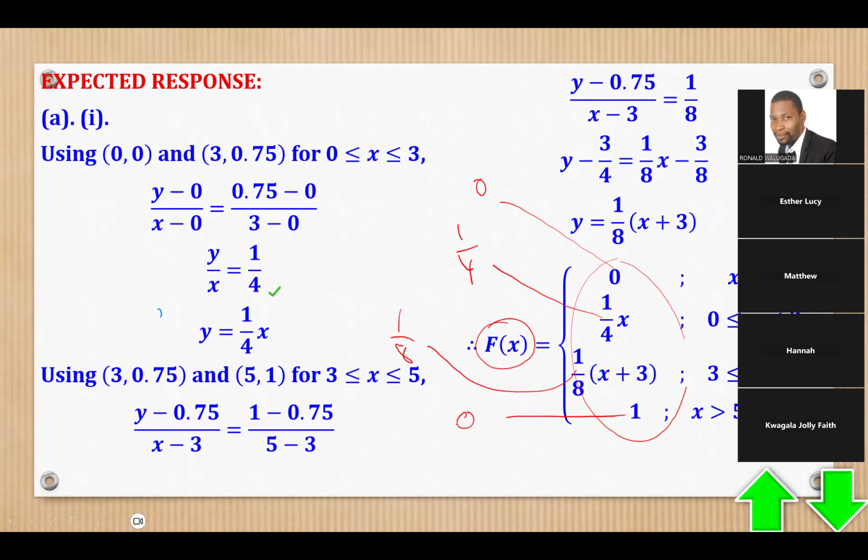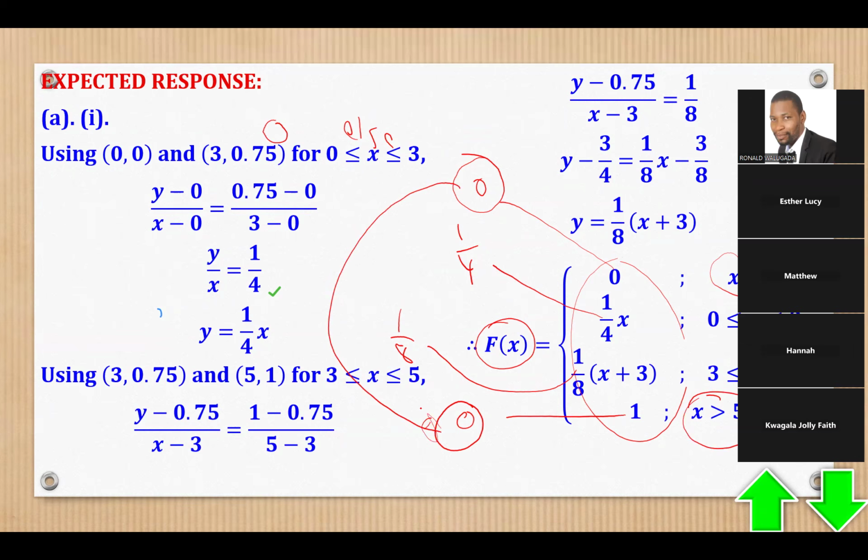Okay. Now, do you see here? This one and this one both give 0. That is why those who have already done small fx, you realize they end with something called 0 elsewhere, because it contains this range and also this range. So we combine them into one and we call it 0 elsewhere.